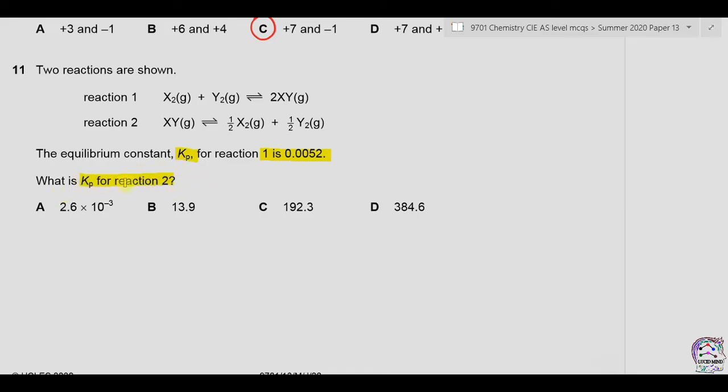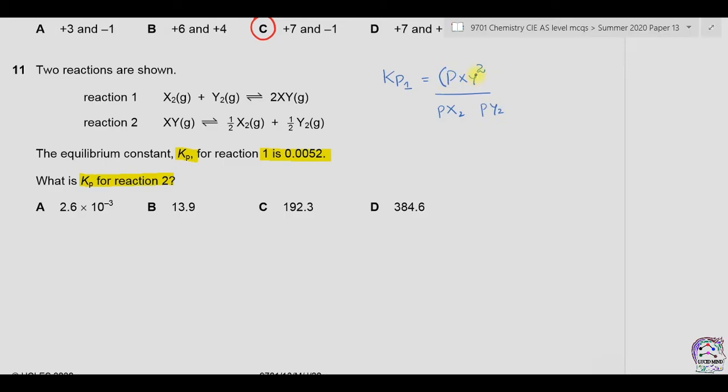Now in order to find the Kp for reaction 2, we need to find if there is any relation between Kp of reaction 1 and Kp of reaction 2. So for the first reaction we have Kp1. It is equal to the pressure of xy raised to the power the number of moles divided by pressure of x2 into pressure of y2.